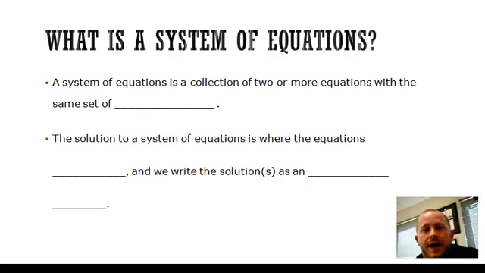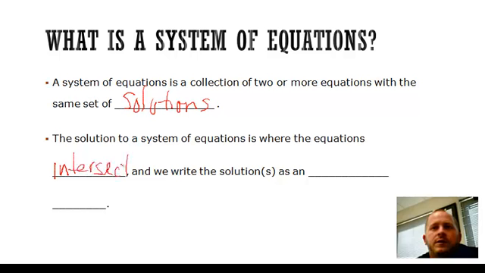Okay, first thing we're going to look at is our definitions. A system of equations is a collection of 2 or more equations with the same set of solutions. Those solutions on a system of equations are going to be where the equations intersect. So on the graph, when you put them together, it's going to be that spot where they cross on the graph.